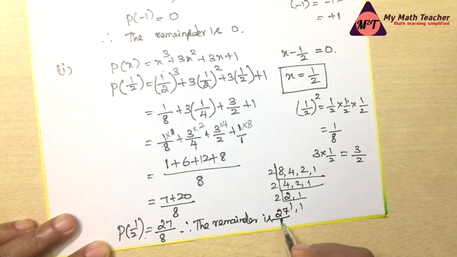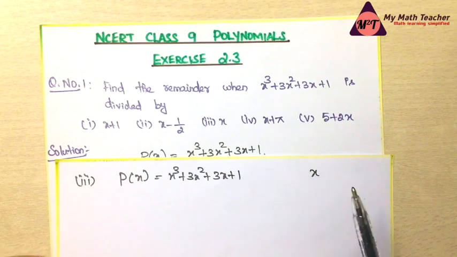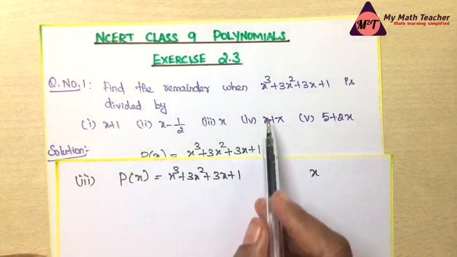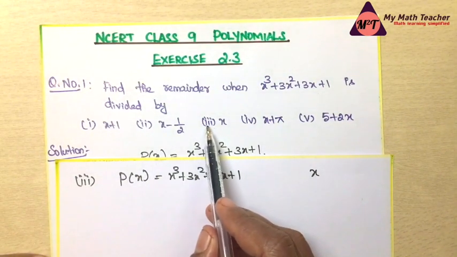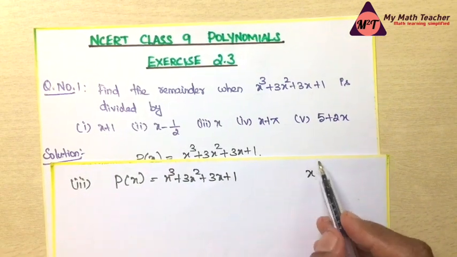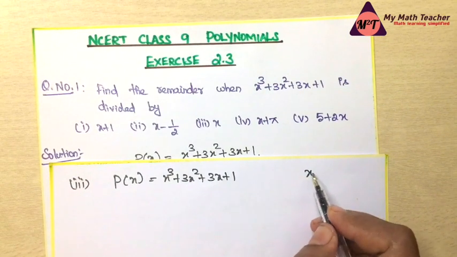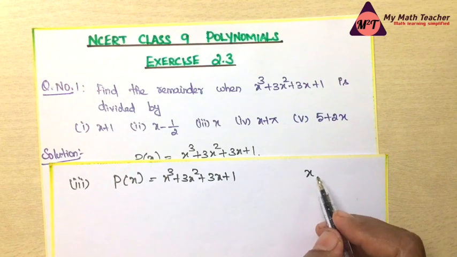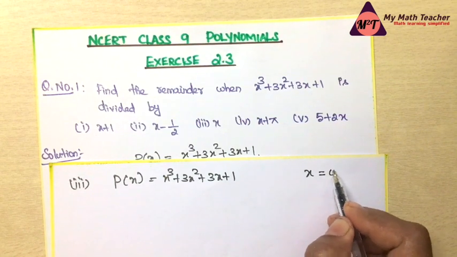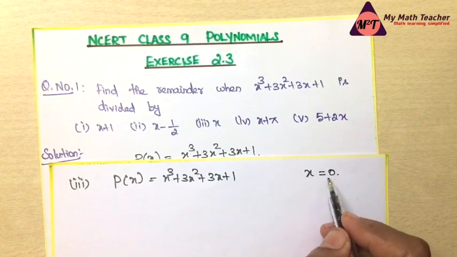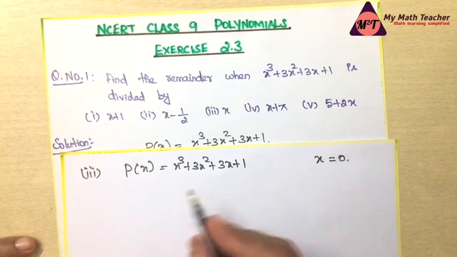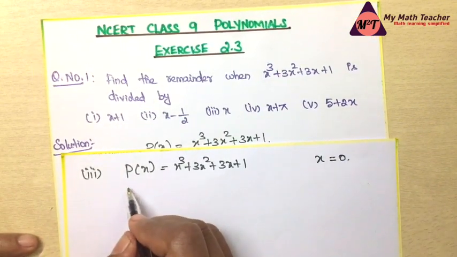The remainder is 27 by 8. Third subdivision is the same polynomial. Now here we have to divide by x. Now you have to find the x value. As usual, it's only simple x that is given. Now equate this to 0. Now we have got 0 as the x value. Now apply 0 instead of x.